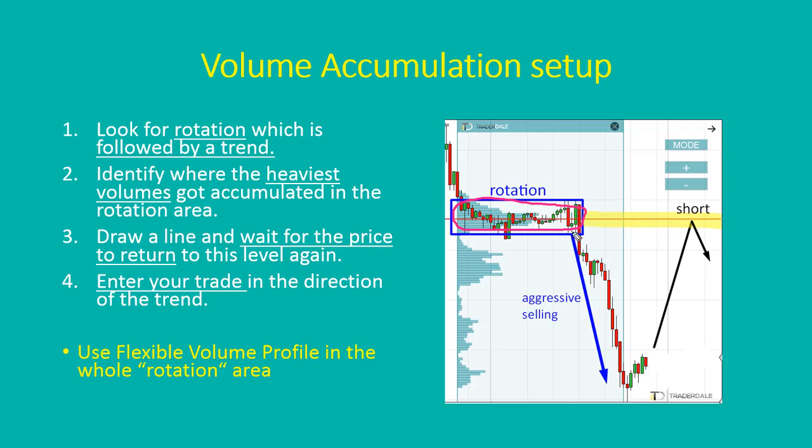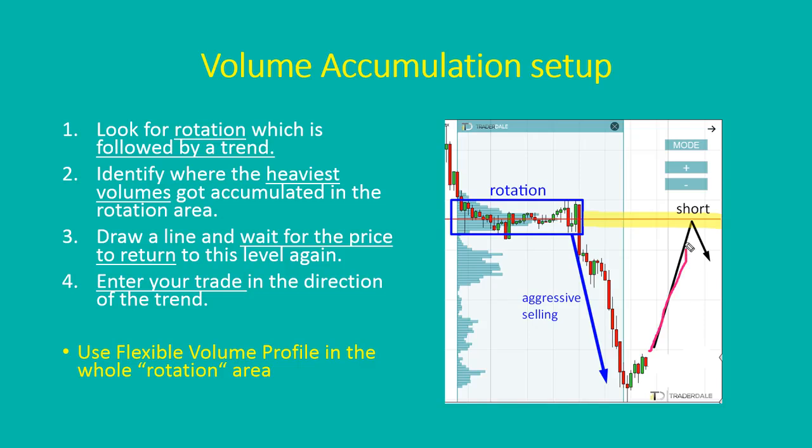Alright? So you can't really tell if there were buyers or sellers in here. But if there's selling activity after the rotation, you can tell that in this place sellers were accumulating their selling positions. If there was an uptrend afterwards, after the rotation, then it was buyers who were accumulating their positions there. Alright, so you can tell by the movement which occurs afterwards.